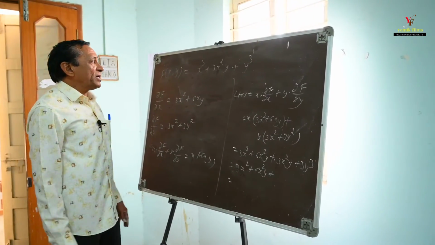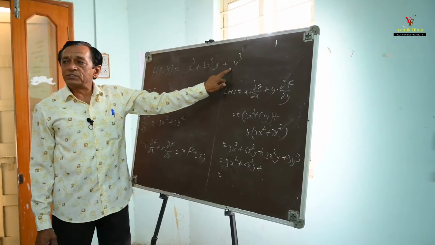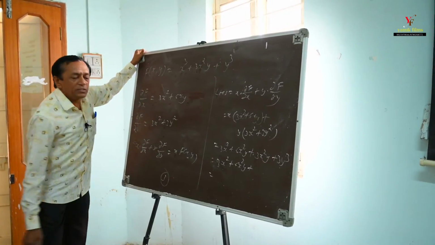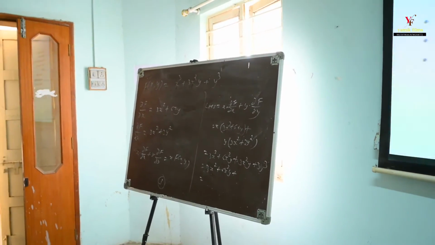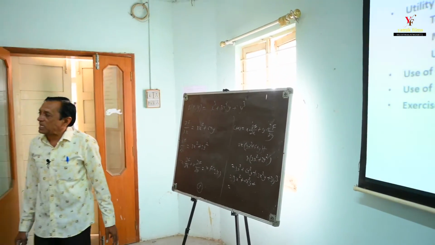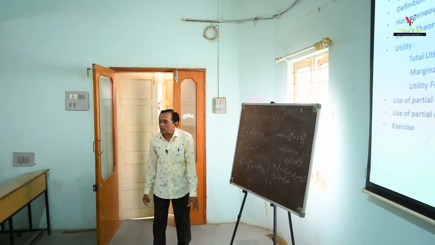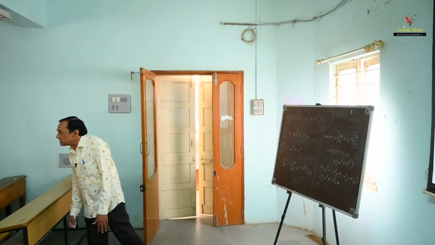The remaining part is x cube plus 3x square y plus y cube. Then there is a 3, which is the degree, and we also represent it as n f(x,y). Then we say that this is the partial derivative using the Euler theorem.